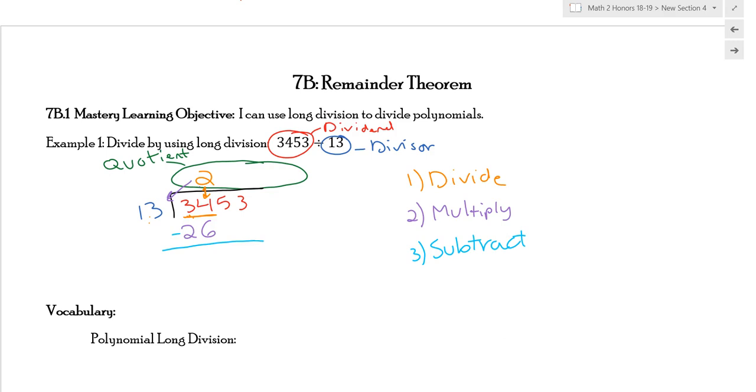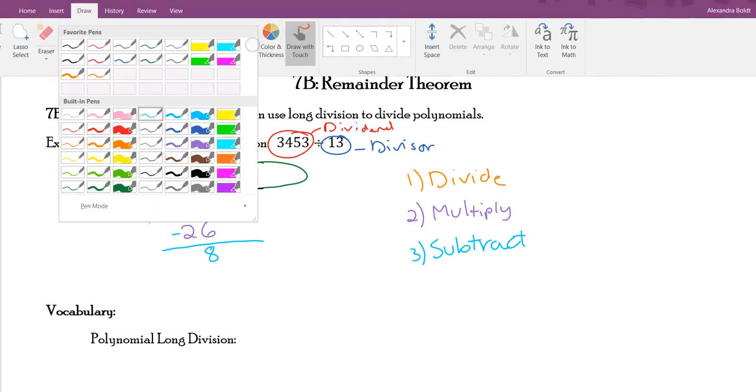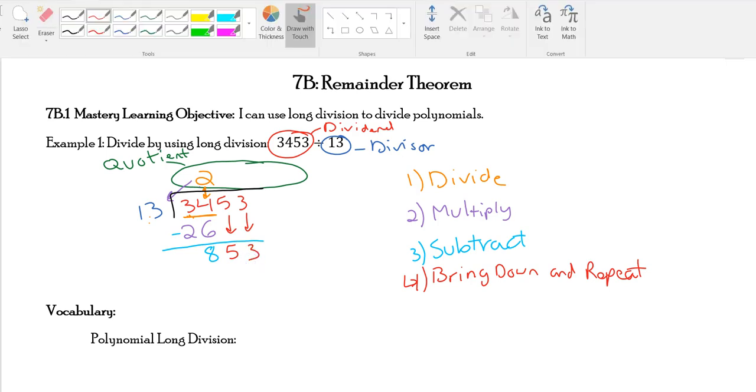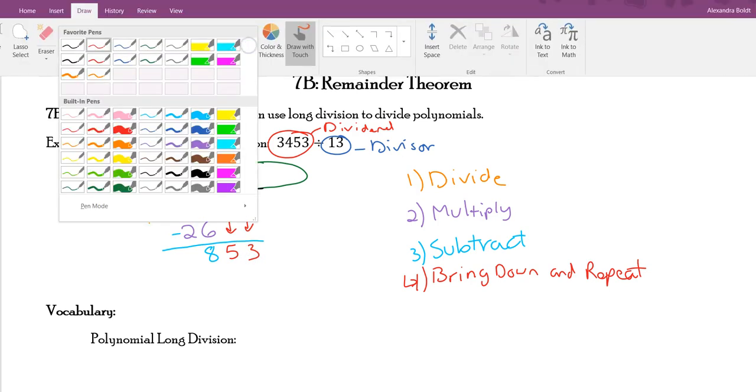So we have 34 minus 26, and we get 8. And then our last step is to bring down and repeat. By bring down, I'm going to bring down all my leftover numbers that we haven't used yet. So now I have the number 853, and I'm going to repeat.